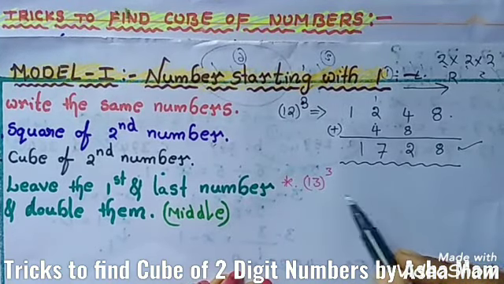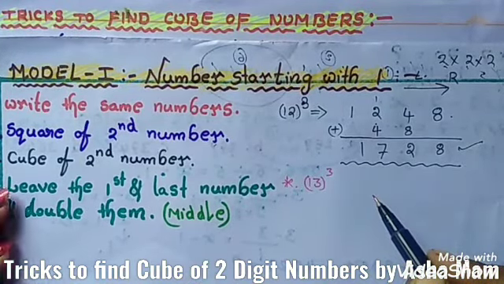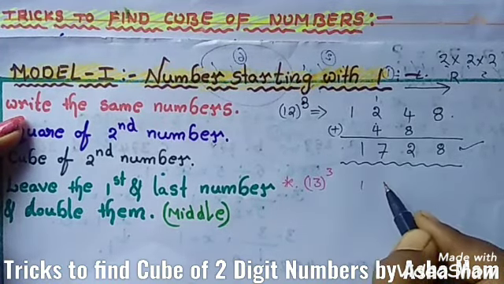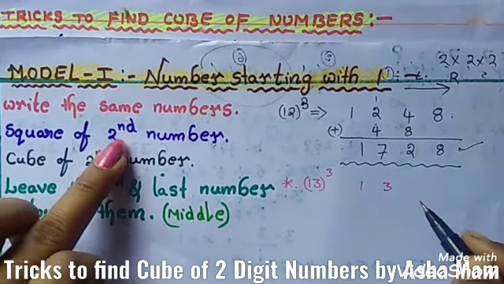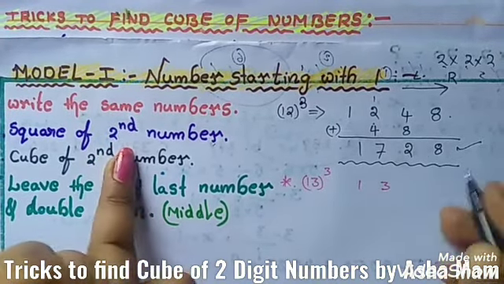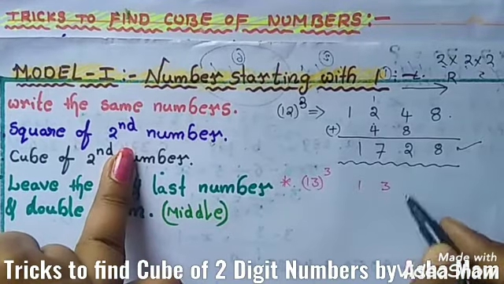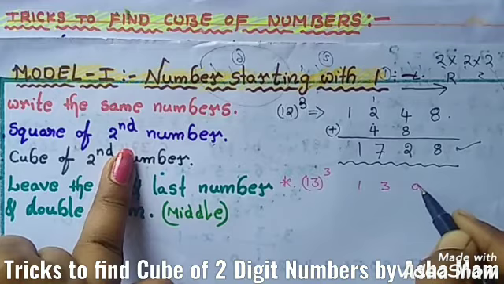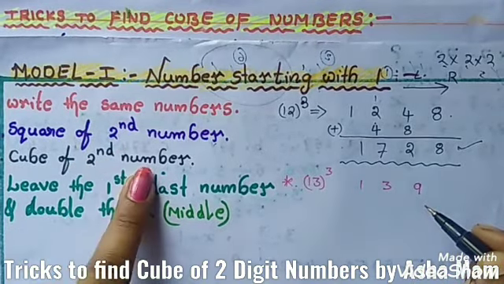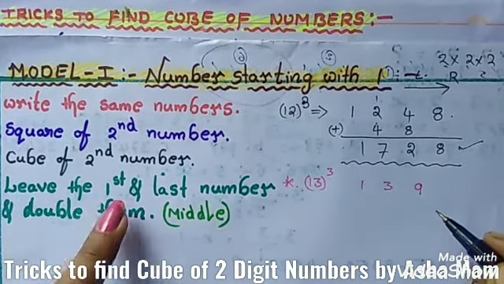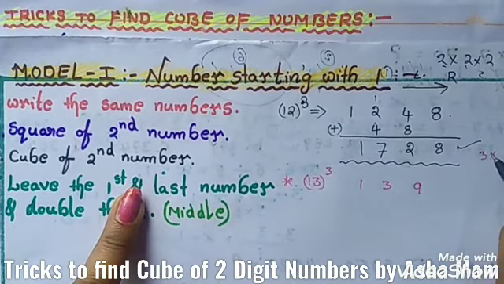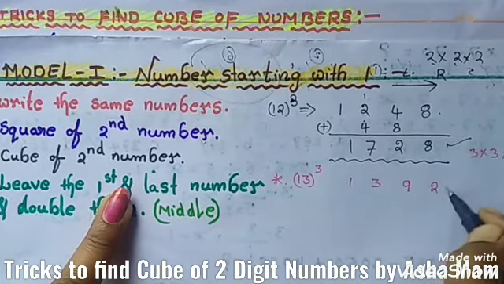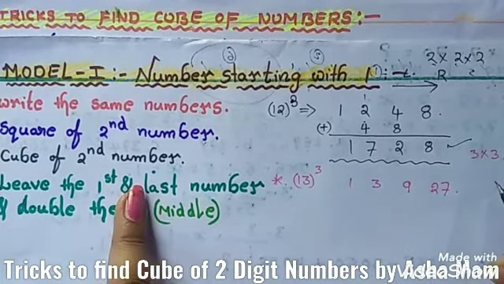For this number also you have to apply these 4 rules. First one, write the same numbers. So I'm going to write here 1 and 3. Square the second number, that is the second rule. Square the second number means 3 into 3, 3 3s 9. And cube the second number means 3 into 3 into 3, so that is 27. 27 we have to write there.